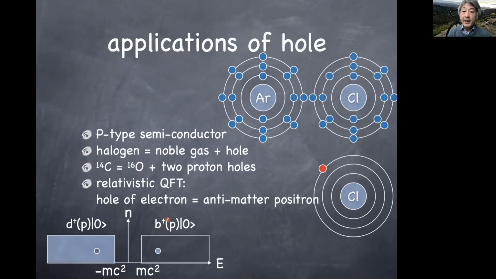And so that's how the idea of a hole is actually very useful across the board in many different systems. And so that's the usefulness of this description of an occupied state of a particle versus the vacant state of a hole. And then you can add holes to the system to work out various physical observables much easier compared to dealing with the whole number of electrons in the system.